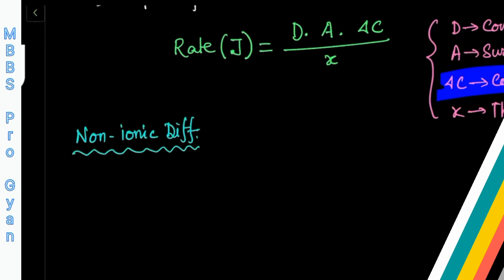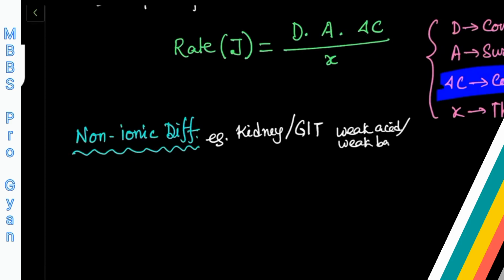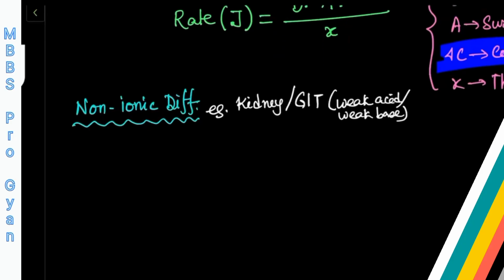Non-ionic diffusion occurs at the level of the kidney as well as at the level of the GIT for the transport of weak acid or weak base.